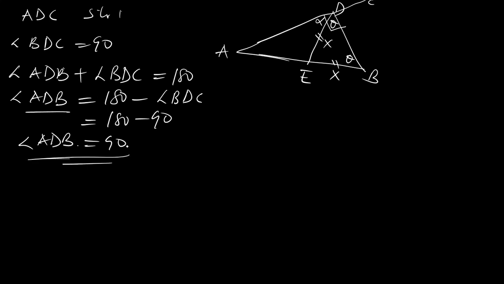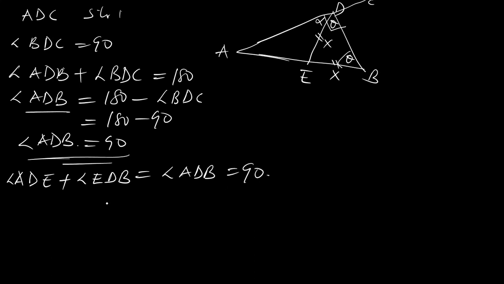So since we have gotten that explanation, and since here is theta and here is also 90, that means angle ADE plus angle EDB is equal to angle ADB, which is equal to 90.